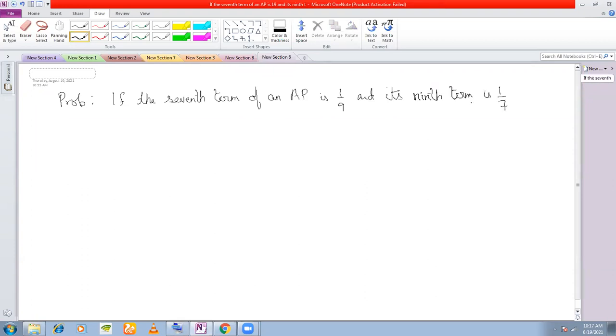Now, this is a very important kind of a problem. Find its 63rd term. Okay. Now, given here is the seventh term. So, A7 is given to you as 1 by 9. Also, what is given? The ninth term. That means A9 is 1 by 7.